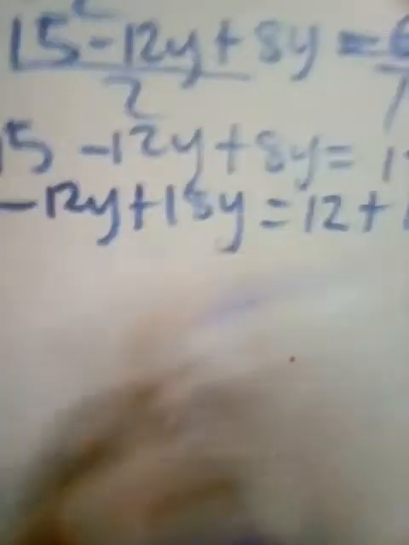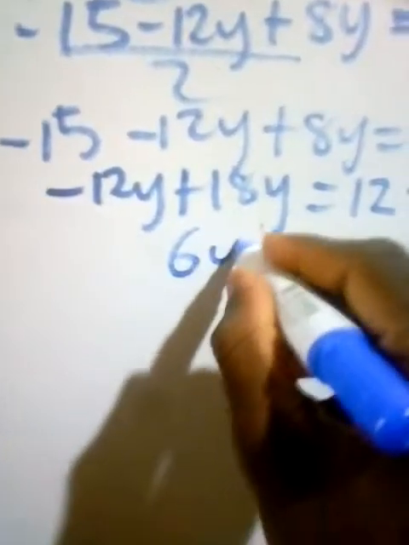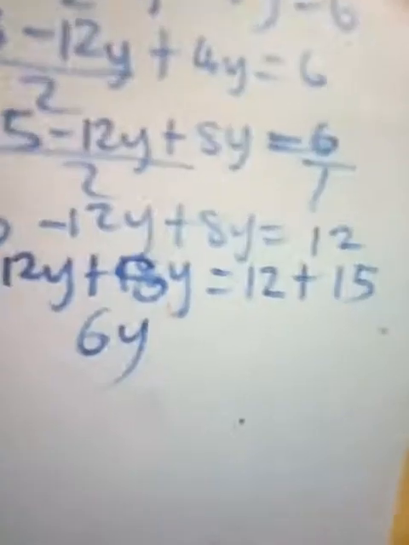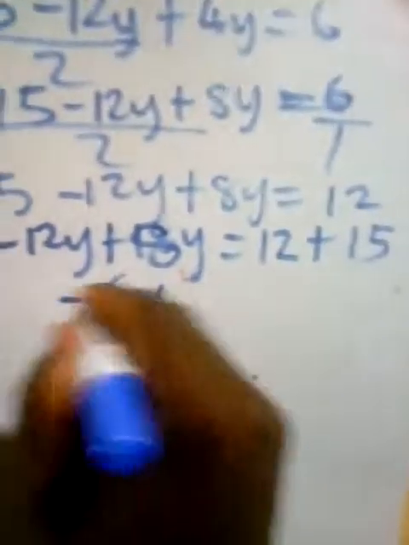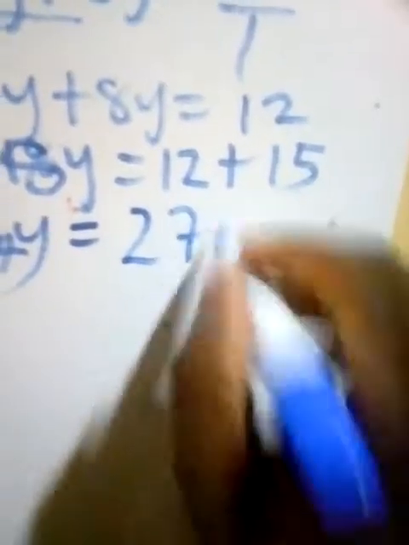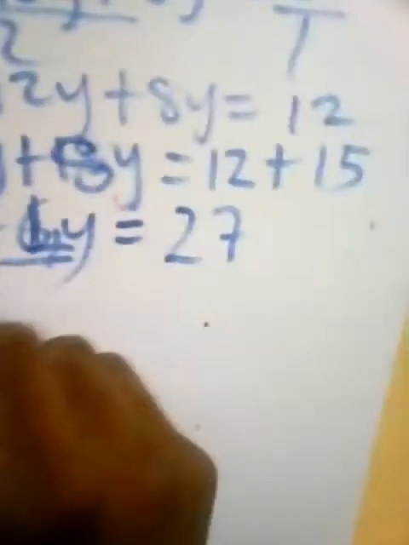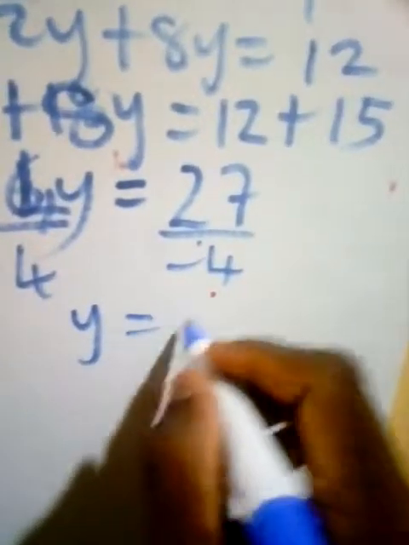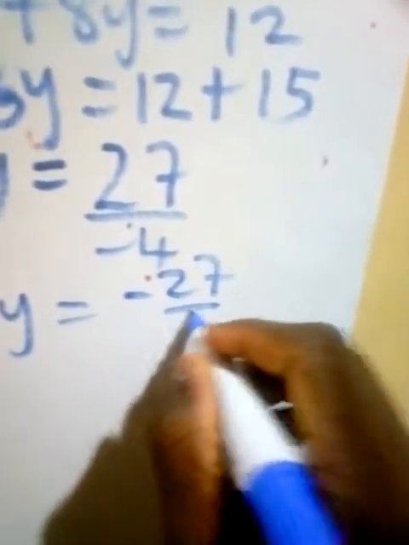Minus 12y plus 8y gives me minus 4y, which will be equal to 12 plus 15, which gives me 27. So I'm going to divide both sides by minus 4, and I have my y equal to minus 27 over 4.